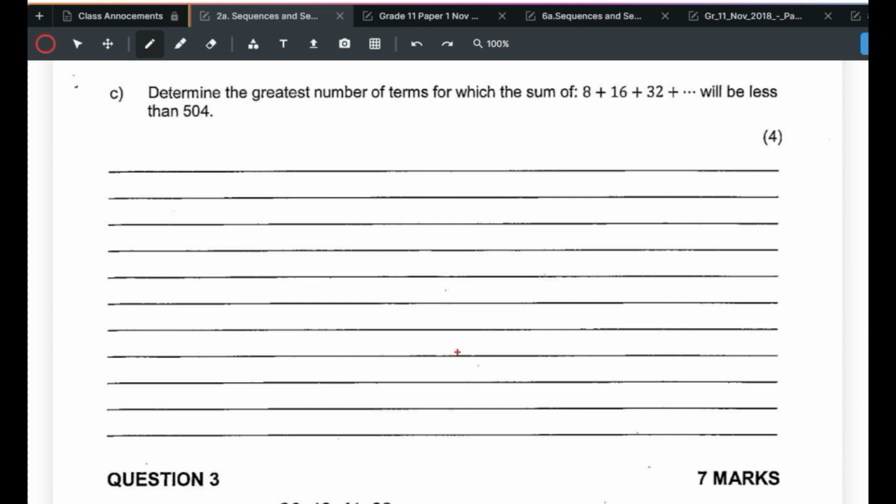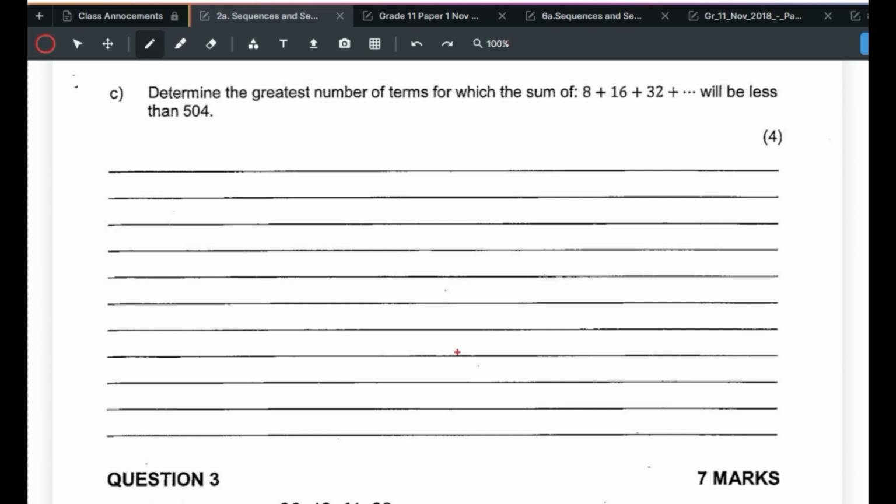So the greatest number of terms for which that is that. Is this infinite or no? No, it's not. Okay, it will be less than. So the greatest number of terms for which the sum is, okay, so Sn is less than 504.